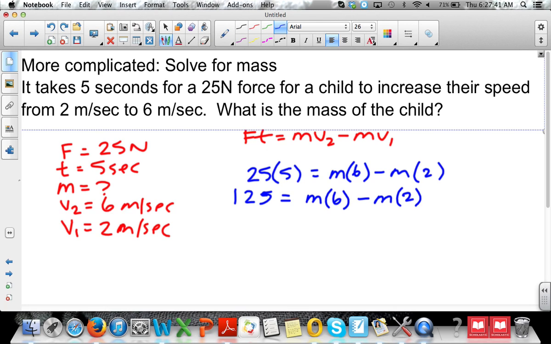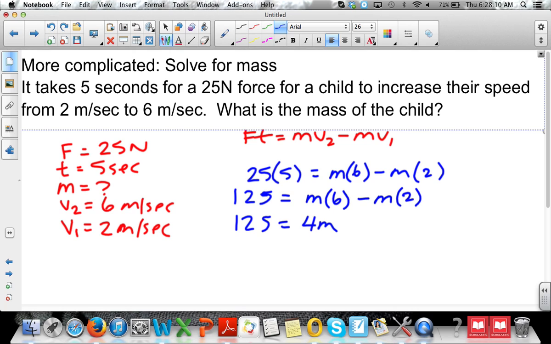So now it looks like I have a problem, because before when we came across two unknown variables, there was an issue. But here, they're the same variable. So I'm really going to see that this is still 125. This is like I have 6 m's and I have 2 m's. So if I have 6 m's, take away 2 m's, I'm left with 4 of them.